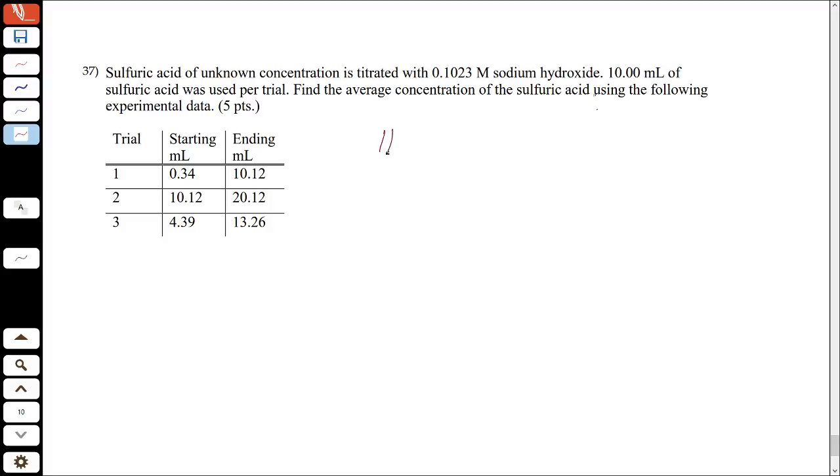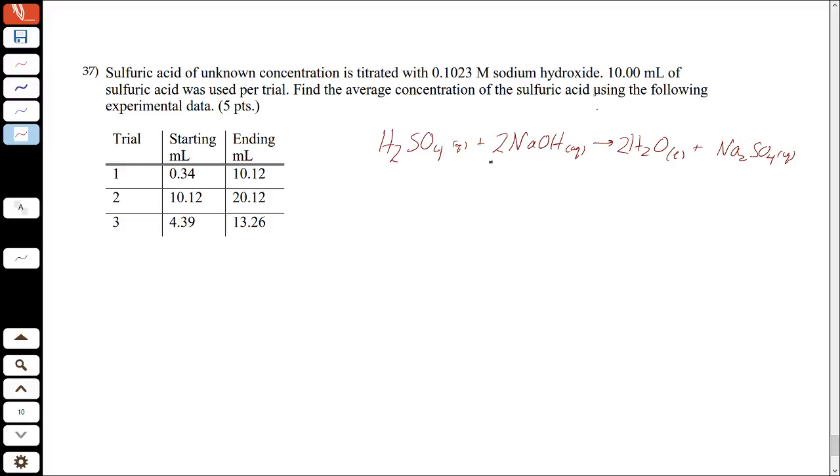So we have to look at the reaction, which is sulfuric acid and sodium hydroxide. And that reaction is 2-to-1.